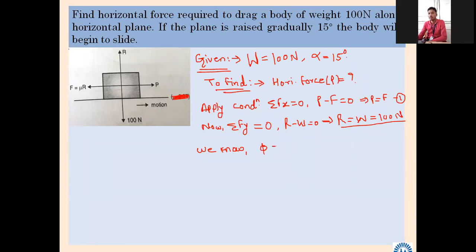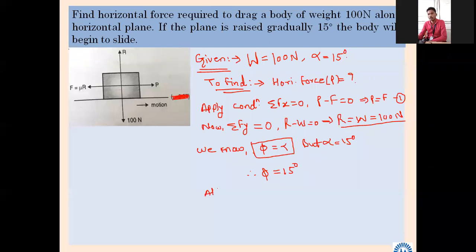Phi is equal to alpha, angle of repose. But alpha is equal to 15 degree. Therefore, phi equal to 15 degree.